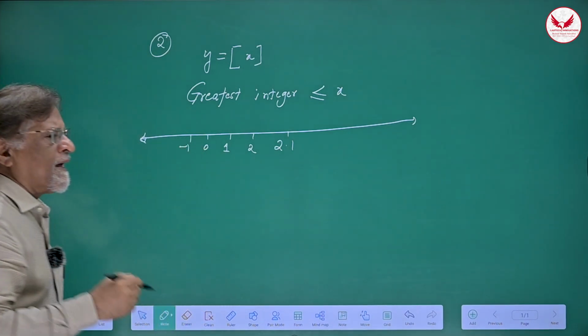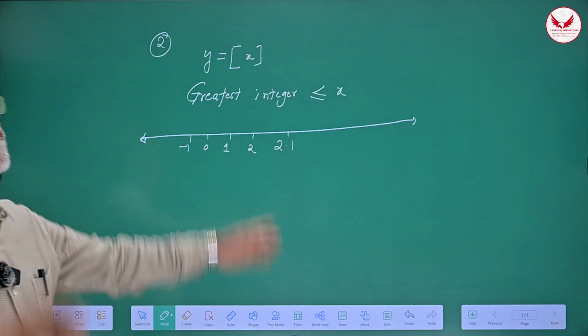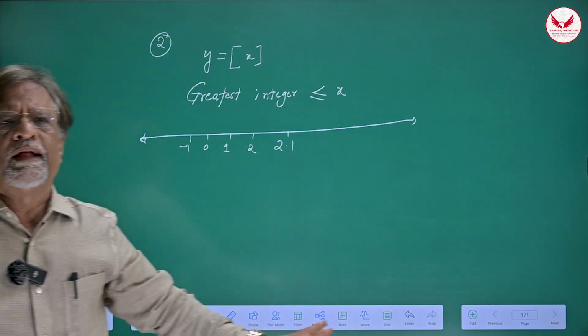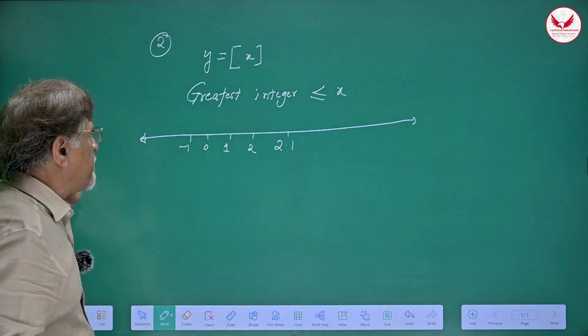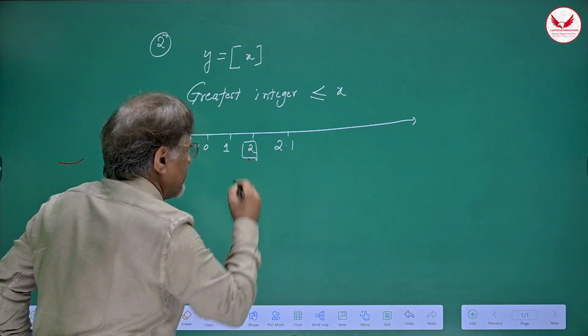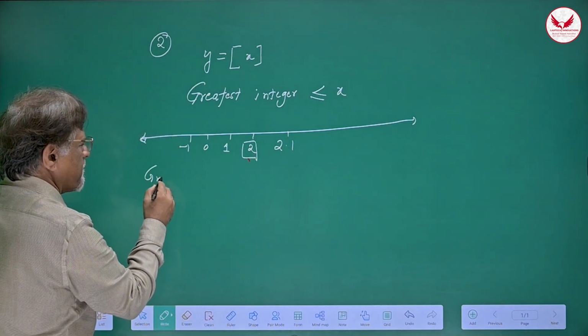So how many integers are less than 2.1? Infinitely many integers are less than 2.1. No doubt about that. Among those infinitely many integers, which is the greatest? Greatest is this one.